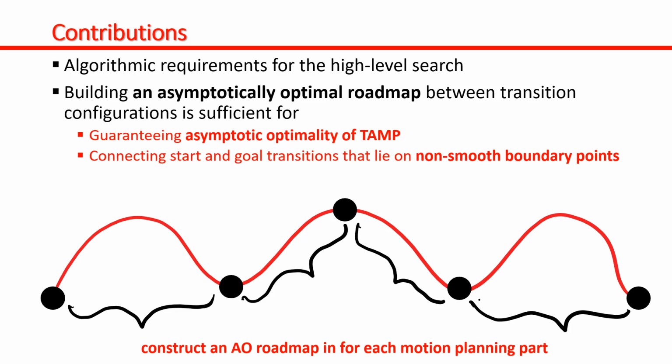And we show that not only is it sufficient to guarantee this property for the entire task and motion planning problem, it is also sufficient to connect between start and goal transitions that violate some of the typical assumptions that lie in both task planning as well as motion planning domains, where we can deal with such points that lie on non-smooth boundaries, and we will go into more details about why that is important, and that's a commonly occurring phenomenon.